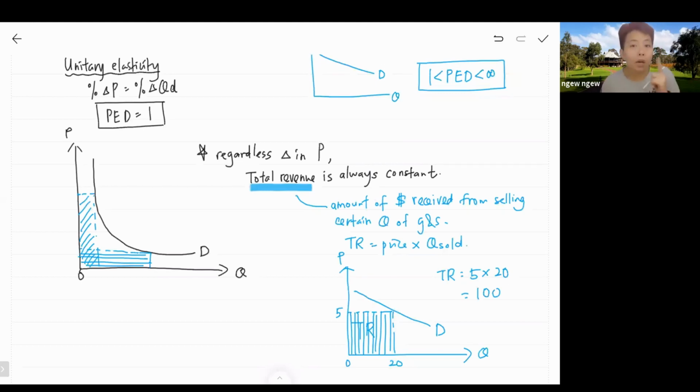As long as the question mentions unitary elasticity, you must recall this important feature. For unitary elasticity, regardless of the changes in price, total revenue is always constant. That's how it works. And later on, we will look into a few multiple choice questions, and I'll show you some examples of this kind of question, okay?